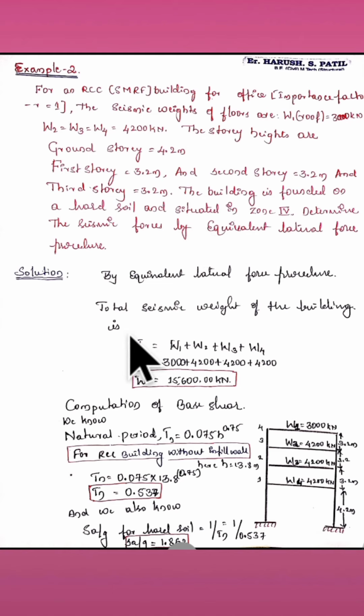For hard soil, the formula for Sa/g is 1 by Tn. You know the value of Tn, just substitute it: 1 by 0.537. You will get Sa/g equal to 1.862.